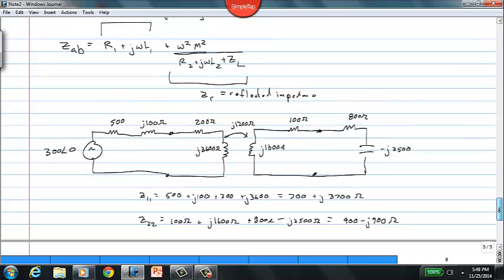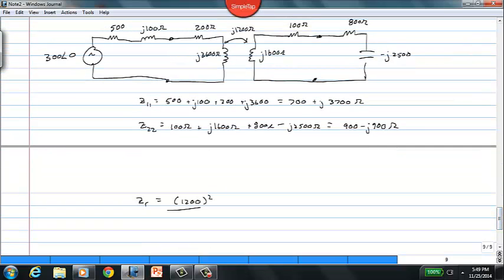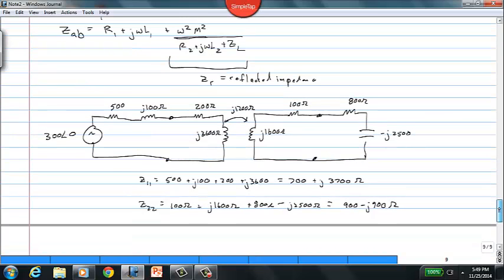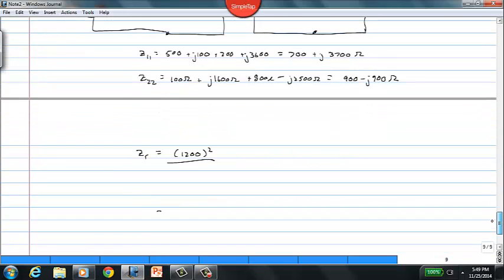We then need R2 plus j omega L2 plus ZL. It's 100 plus j1600.